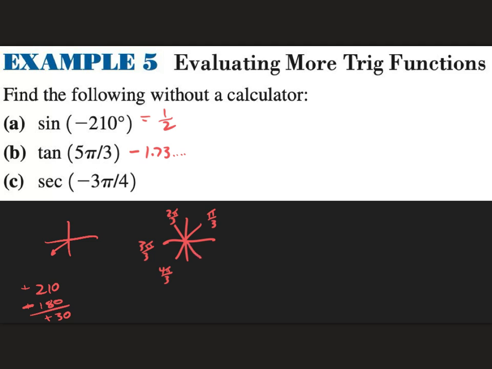And then 5 pi over 3 is in quadrant 4, which means the x is positive, the y is negative, but we don't need to worry about that. What is the tangent? The tangent is the y divided by the x. So that's 1, that's root 3.